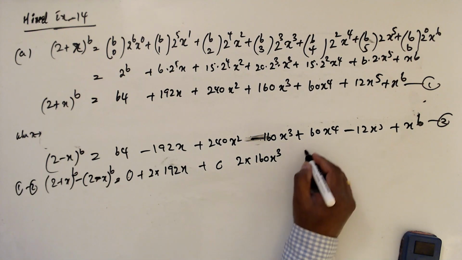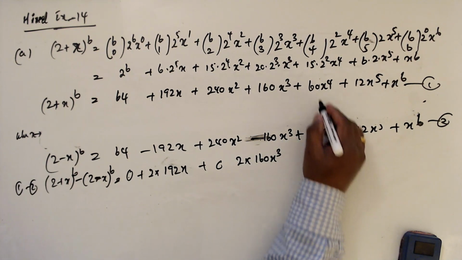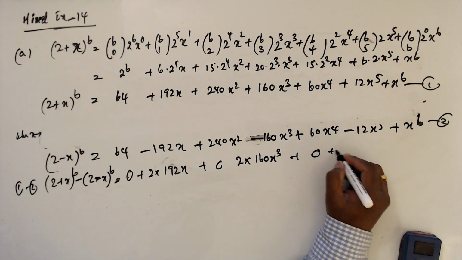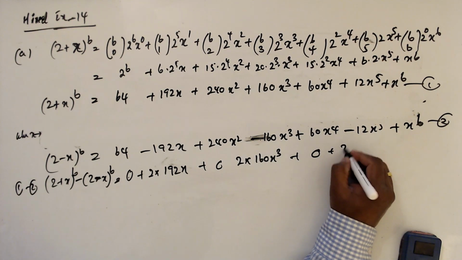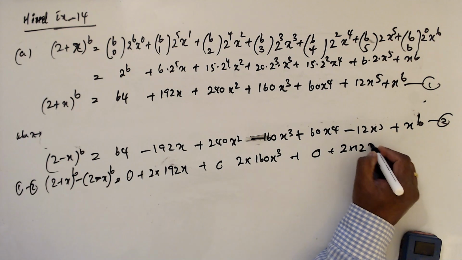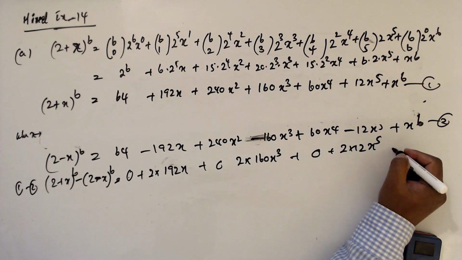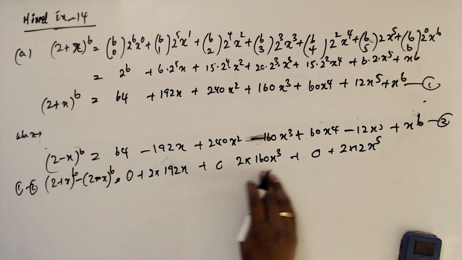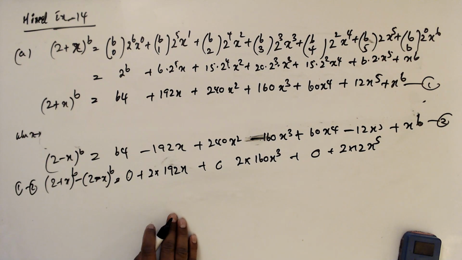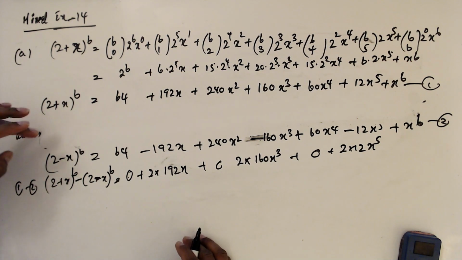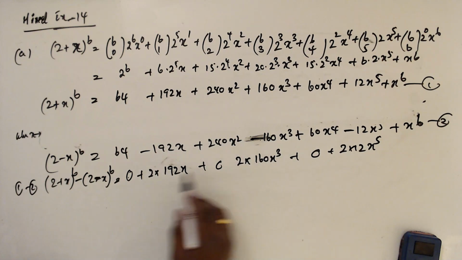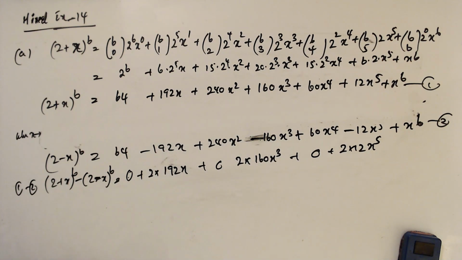This is adding when you subtract. The x^4 terms cancel out, this is 0, and this is adding again: 2 times 12x^5, and the x^6 cancels out. All the odd powers remain. If you add those two together, all the even powers remain and odd powers are deleted. If you subtract, odd powers remain and even powers are deleted.